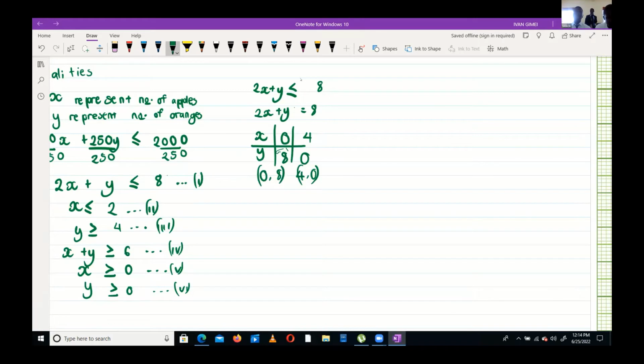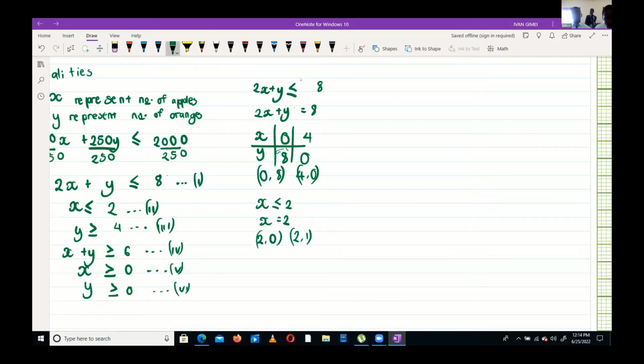Then our next line is from x is less than or equal to 2. Our equation is x is equal to 2. And from this one, we know that the line x is equal to 2 is a vertical line where you can get coordinates like (2, 0), (2, 1).